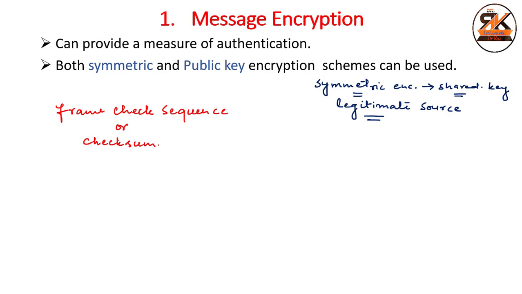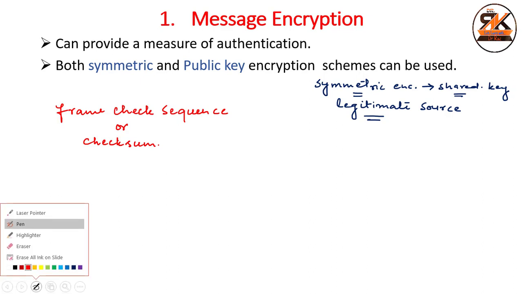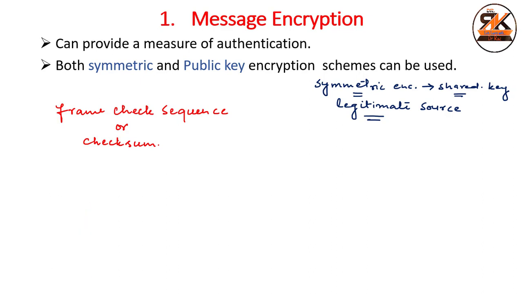So when we use a single key for encryption, we have the following structure. We have the message that we want to transmit, and this message is given to some encryption algorithm. Since it is symmetric encryption, we apply the single shared key here, and then we get the message in encrypted form.